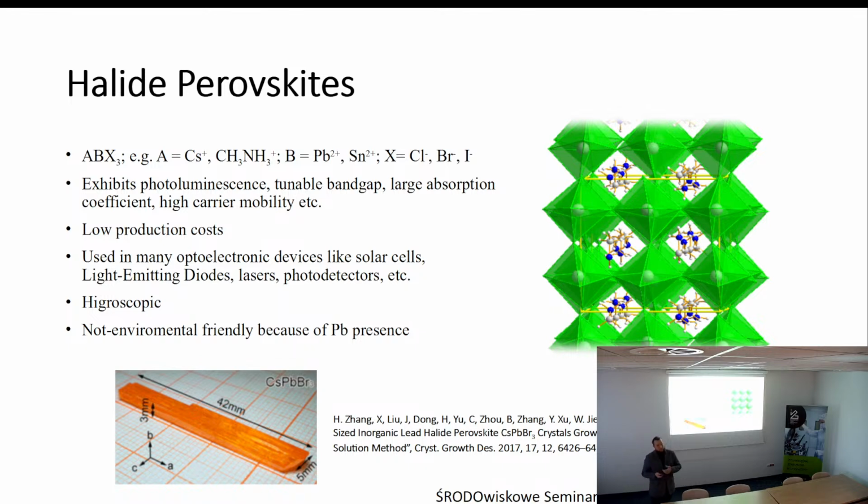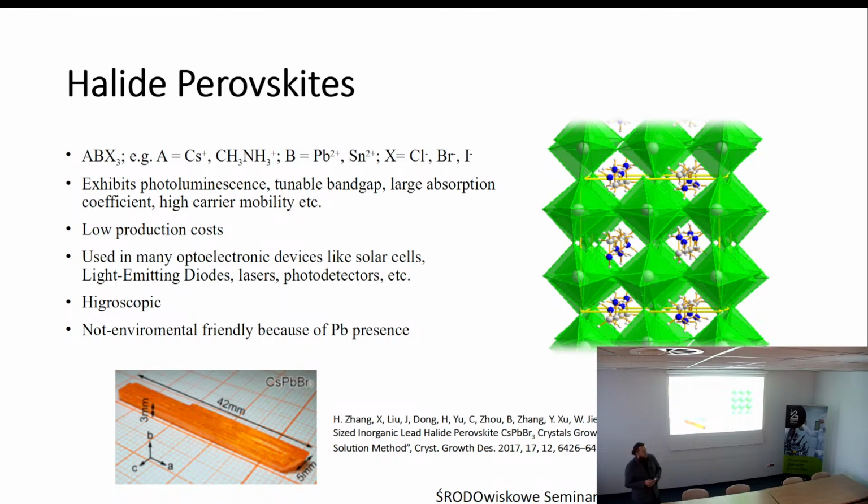They can be used as a sensor of X-rays or gamma rays. Of course, the production cost of this material is quite low, and they found a place in many optoelectronic devices like LED, sensors, photodetectors, solar cells.